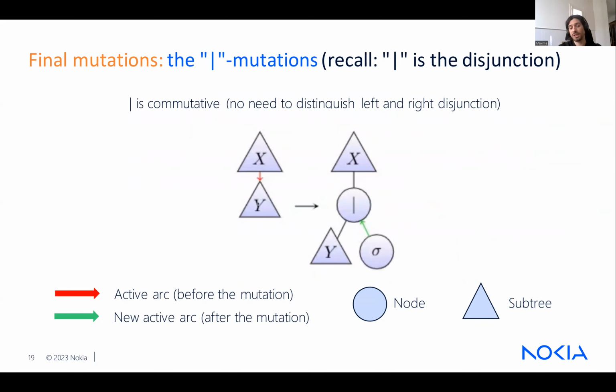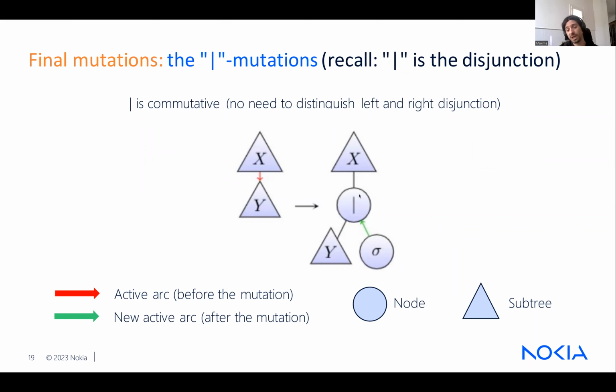So here is what it looks like. On the left side is our current partial solution before the mutation with an arc. So basically X and Y are entire subtrees, and we're considering an arc. And here is the pipe mutator. A pipe is a disjunction operator.